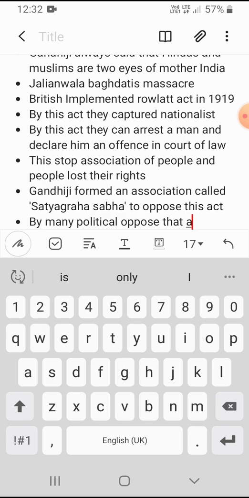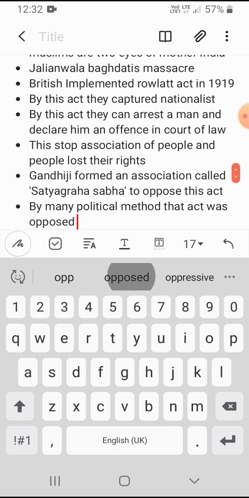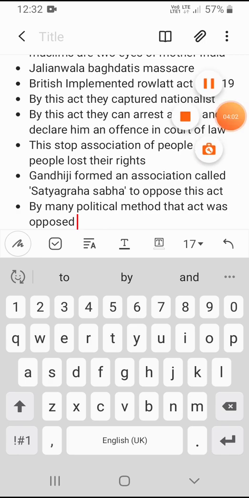That act was opposed at that time by many political methods, and Gandhiji formed the Satyagraha Sabha to oppose that Rowlatt Act.